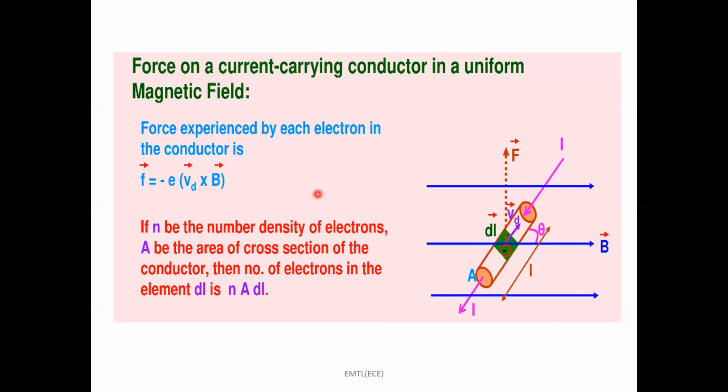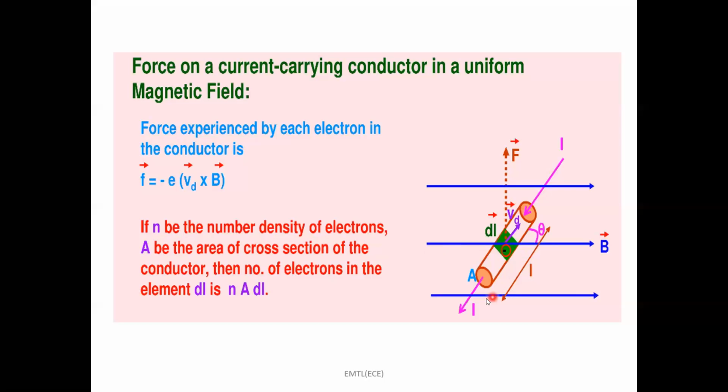Whenever a particle moves with a velocity, that means the electron moves with some velocity, its velocity is expressed in terms of drift velocity. So this is the expression we derive from the magnetic force F is equal to q v cross B: the force experienced by the electron is F is equal to minus e Vd cross B. Let us assume small n is the number density of electrons.